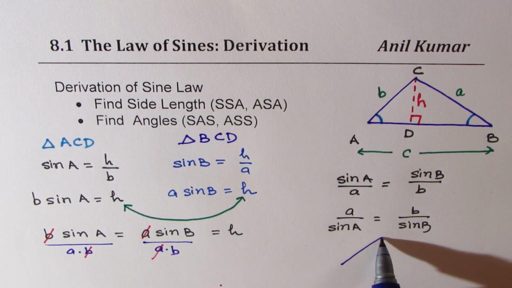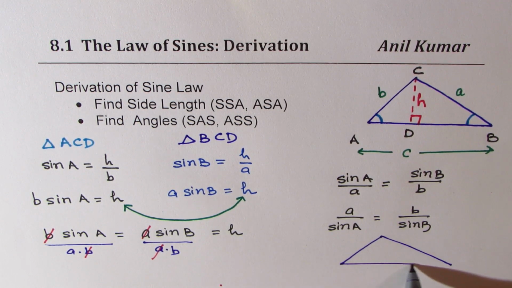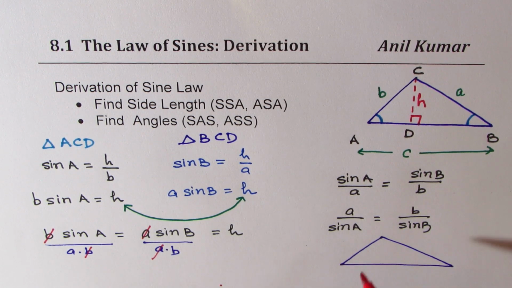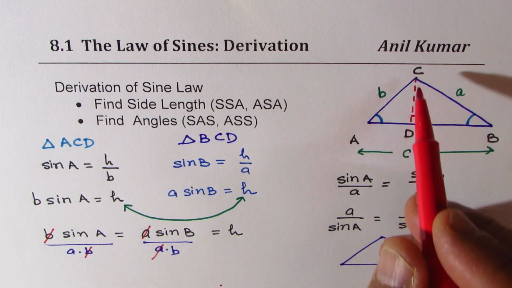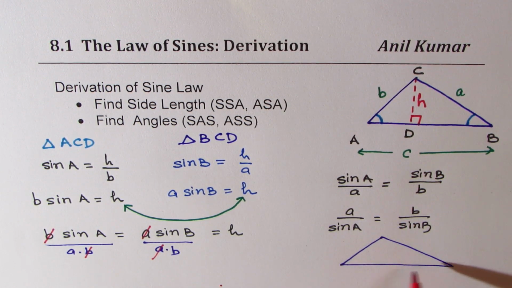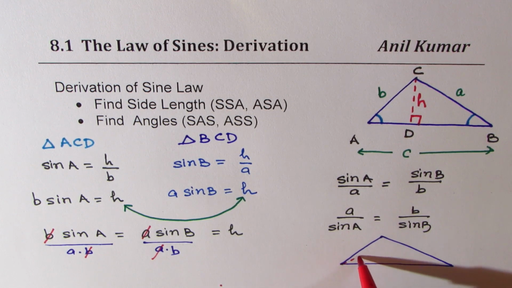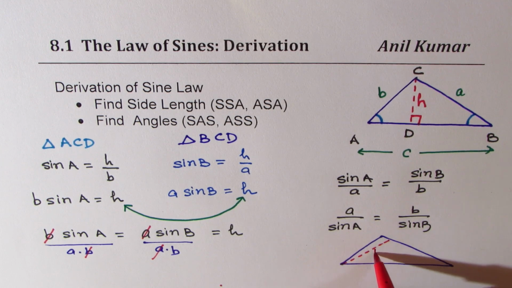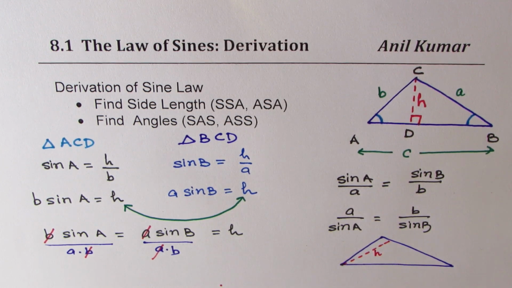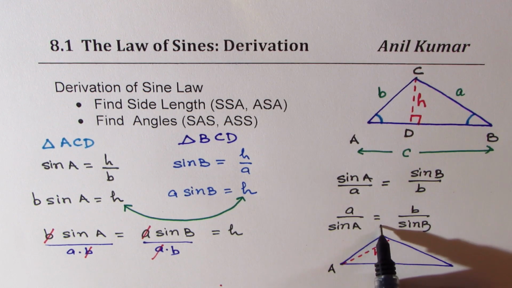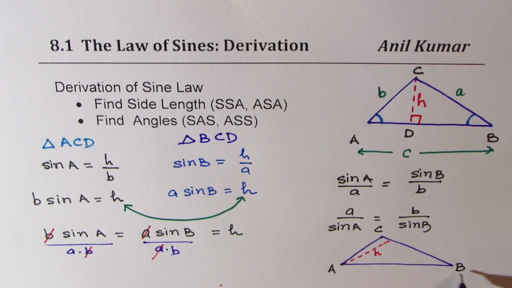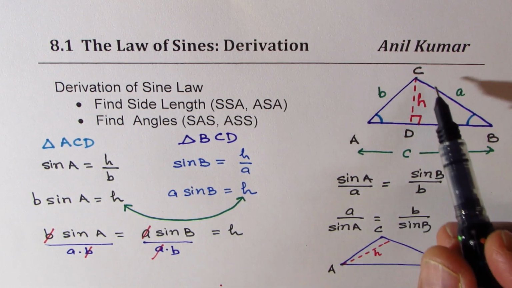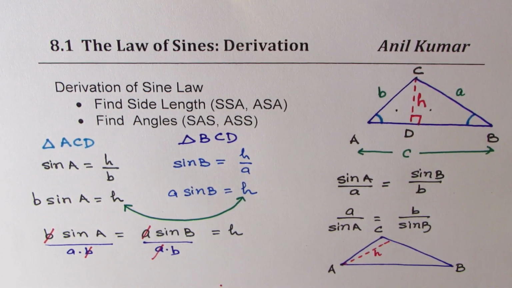If I do the same calculations, but this time my altitude is not from C to AB, but let us say it is from A to CB. Let's say this becomes the height. And if you consider the triangles with angle C and angle B, this time we use these two triangles to get our derivation.